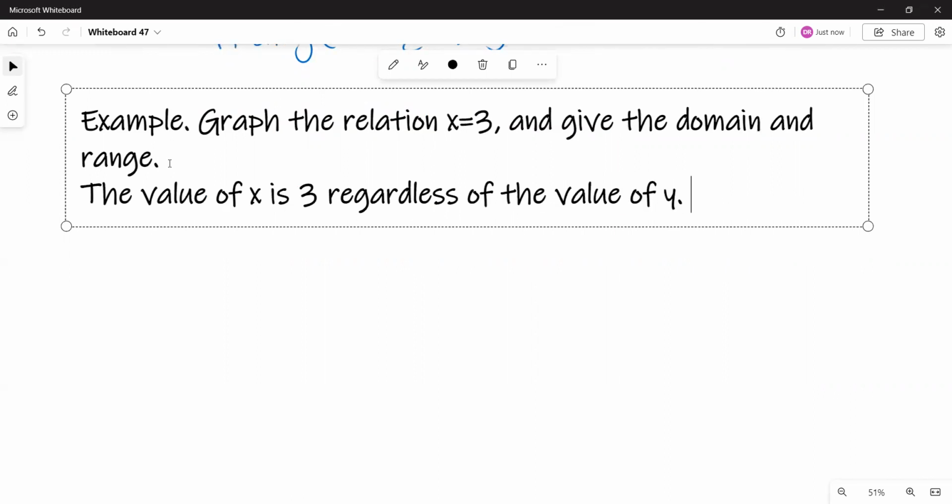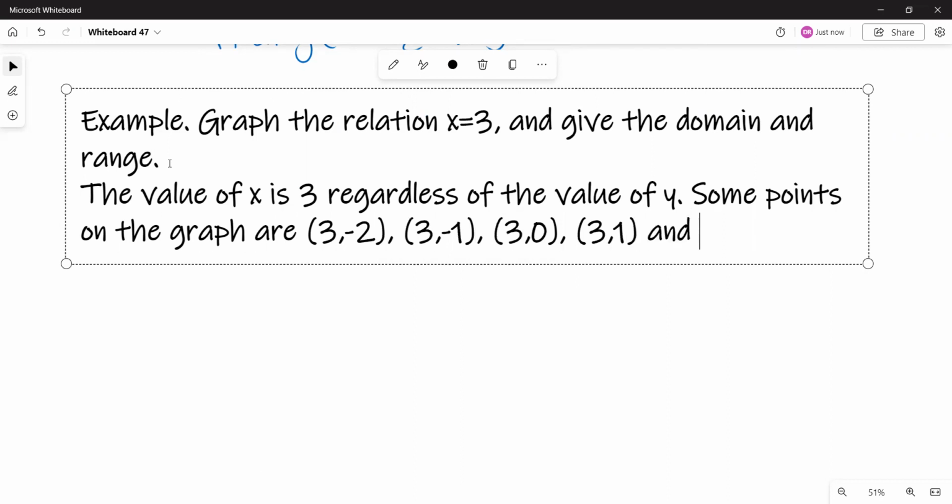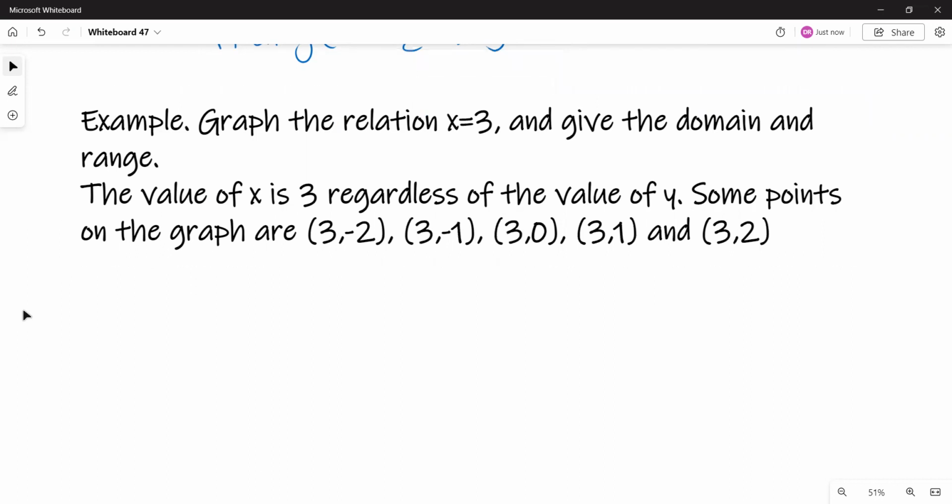Okay, so some points on the graph are (3, -2). So now the x value is the one that is fixed. (3, -2), (3, -1), (3, 0), (3, 1), and (3, 2). And if we graph this relation, the graph is going to be a vertical line.